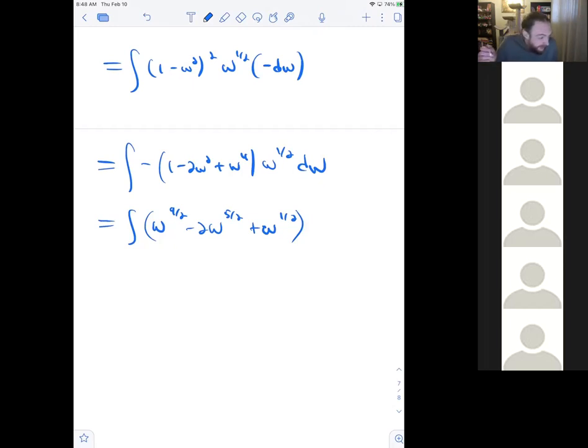Did I do that right? Seems like I have a negative error somewhere. This should be negative, positive, negative. I forgot my negative on the outside. It should be negative, positive, negative w. Good.